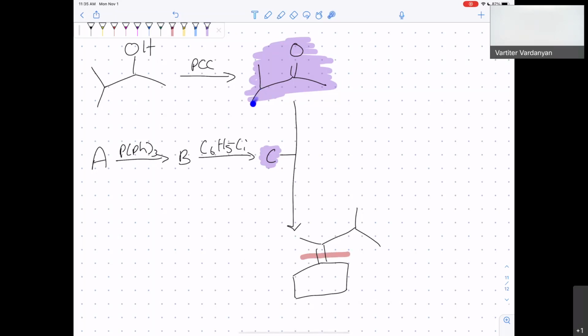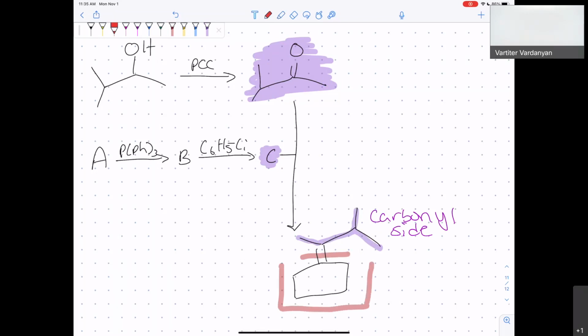And I can match R1 and R2 to R1 and R2. So I'm going to highlight that right here. And we know this side comes from the carbonyl. So that means this side had to come from the halide.